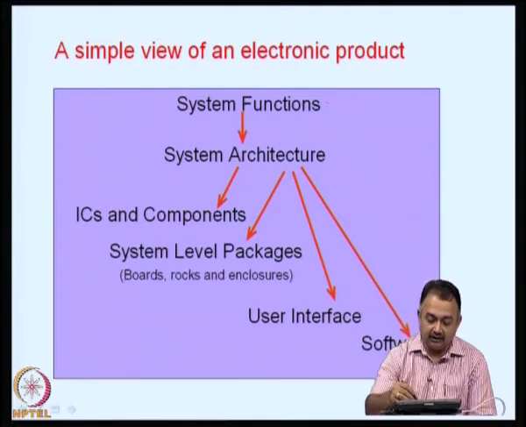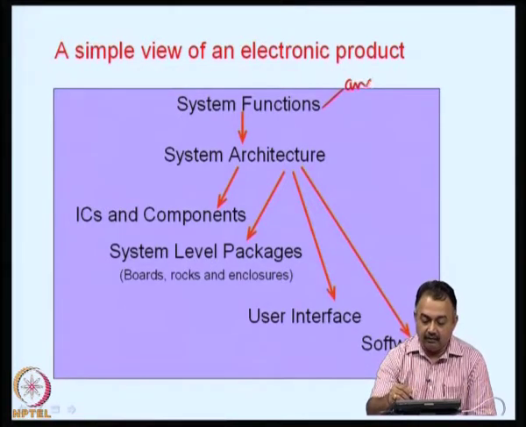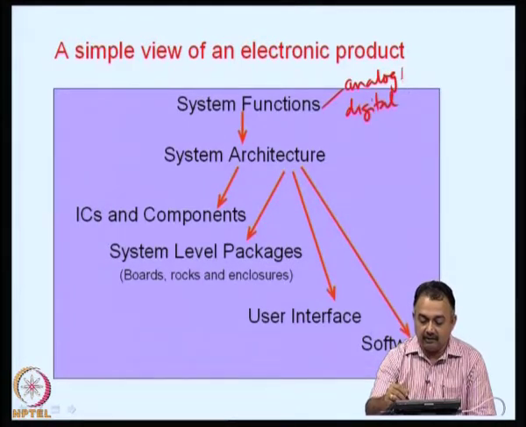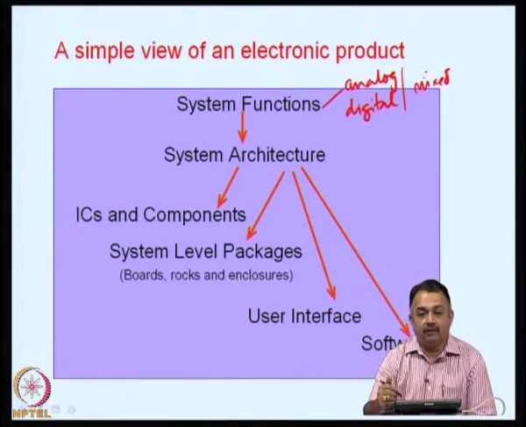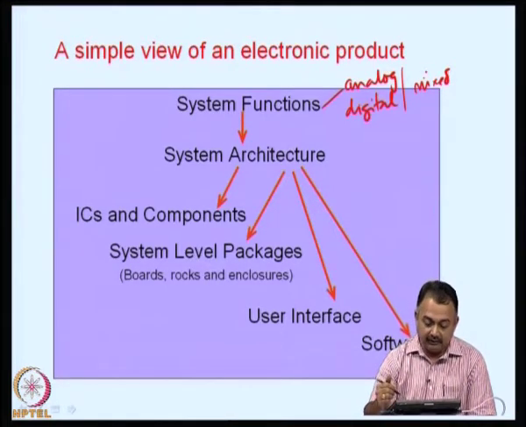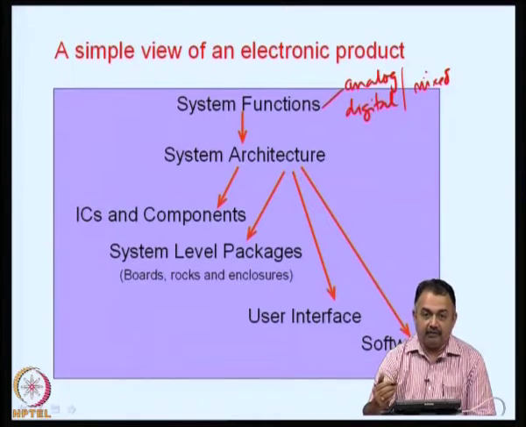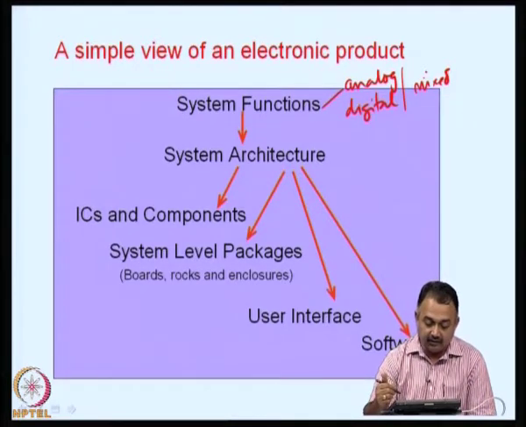The system functions can be for example, analog, it can be digital, or it can be a mixed signal, or it can be a high bandwidth system function, it can be RF, it can be optical. So, it depends. It can be a mixture of each of these depending on the application area.